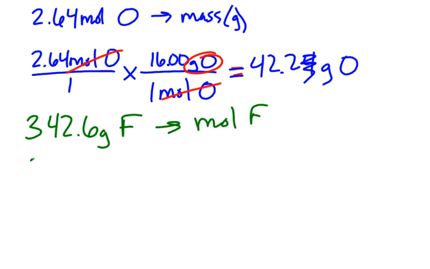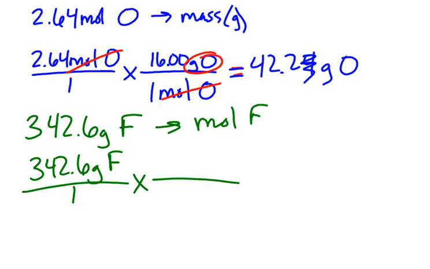So I'll go 342.6 grams of fluorine over 1. And I know that I need to get grams canceled out, so I'll put grams of fluorine on bottom, moles of fluorine on top. Well, 1 mole of fluorine, looking at the periodic table, is 19.00 grams.